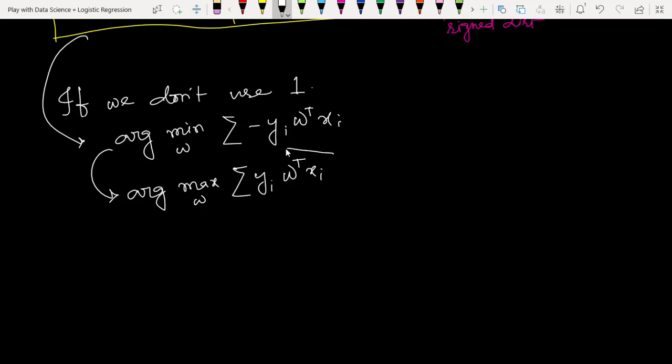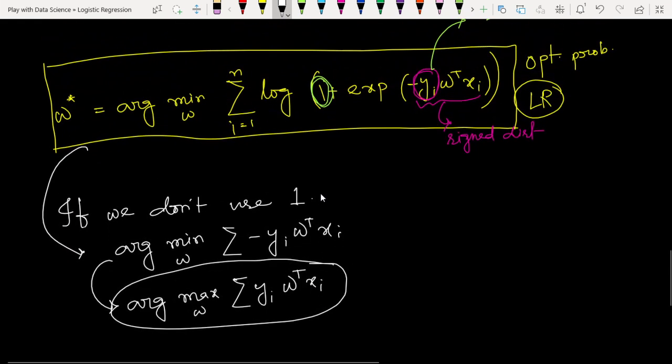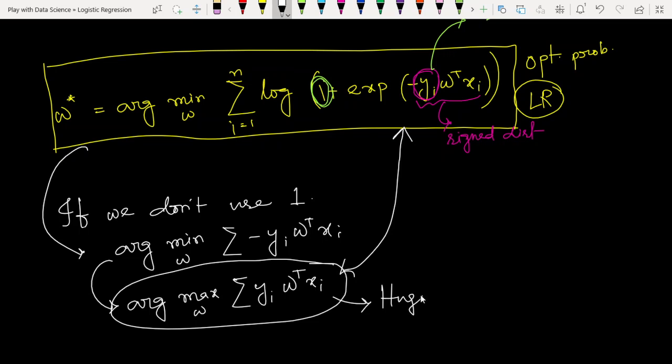Actually, at the beginning of this lecture, this is our main mathematical optimization problem. From this optimization problem, to avoid some errors or mistakes, we got these equations. But at the end of the day, both are the same. In this function we have a huge outlier problem.